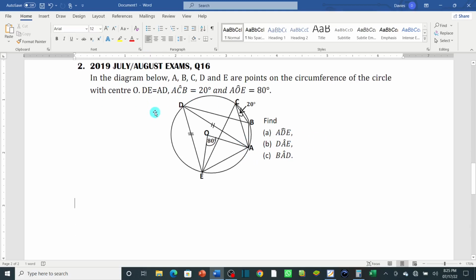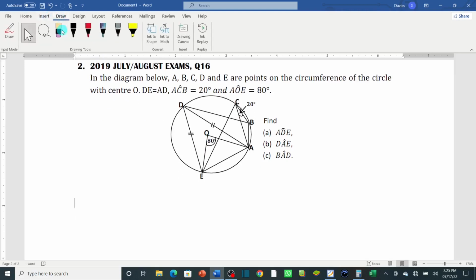All right, so let's start with this first one, A. So this one is simple. They want us to find angle ADE.